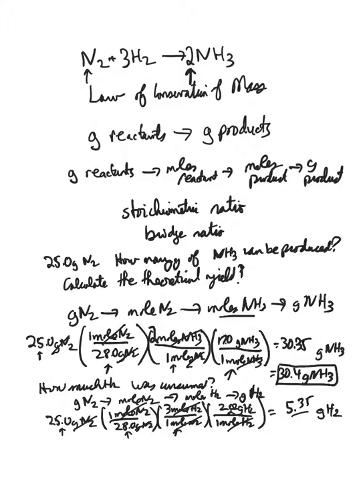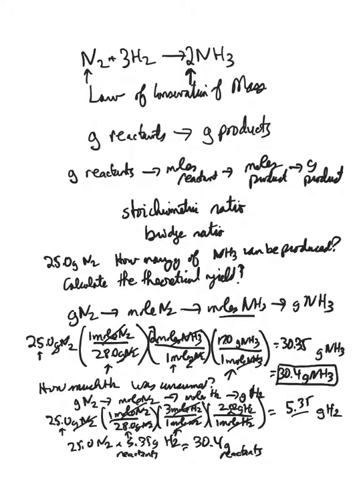So I got 25 grams of nitrogen plus 5.35 grams of hydrogen. Those are my reactants. To add those together, I'll come up with 30.4 grams of reactants, using my sig figs.